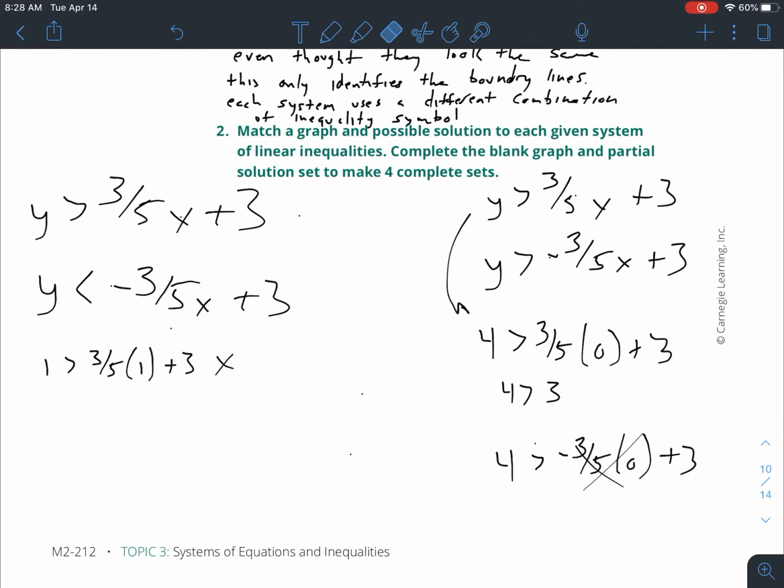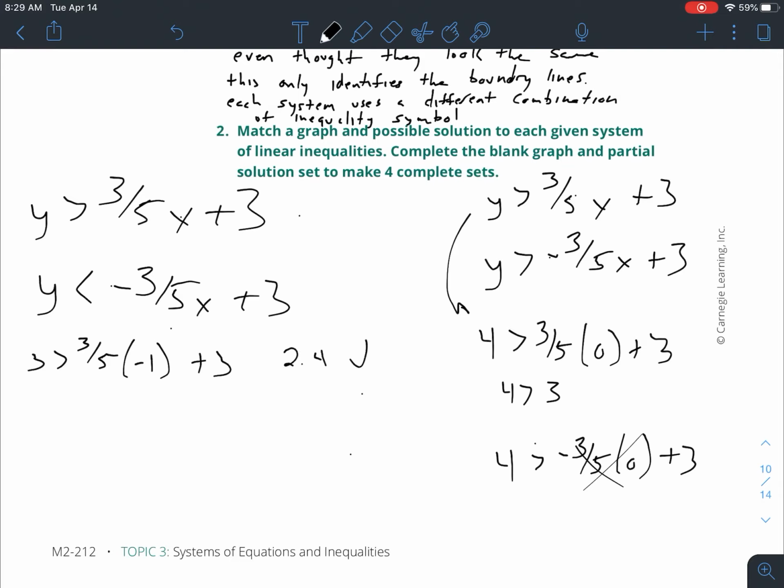Okay, so trying this again. 3 is greater than 3/5 times -1 plus 3. Let's type that in our calculator and check and see. So 3/5 times -1 is going to leave you with -0.6 plus 3 is going to be 2.4. 3 is greater than 2.4.